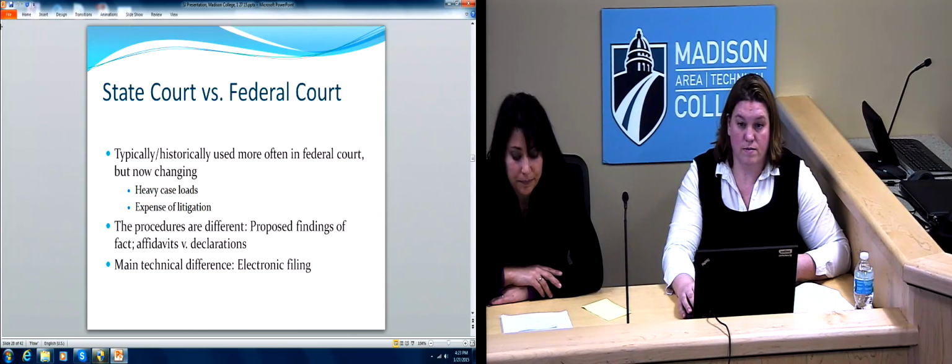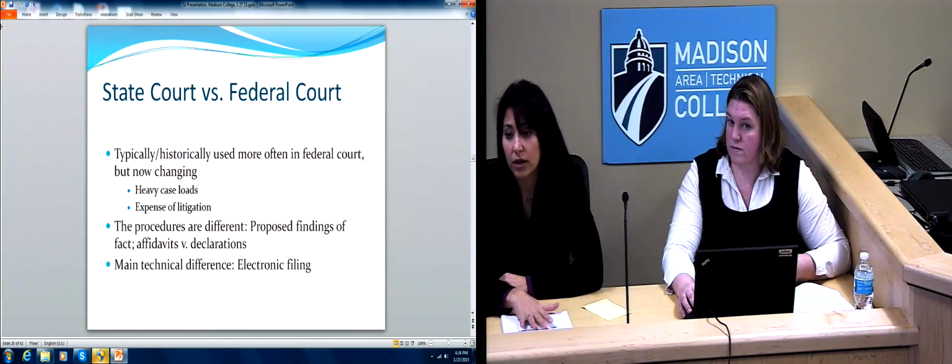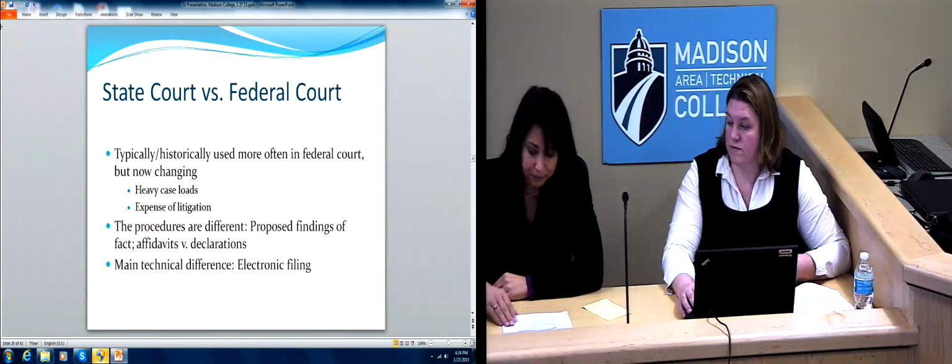So again, know what court you're in, know who your judge is. If you're dealing with a judge that's not familiar with summary judgment, it's very important to have a section in your brief educating the judge on the standards and going through this stuff. What is a genuine issue of material fact? Because the judge might not know.